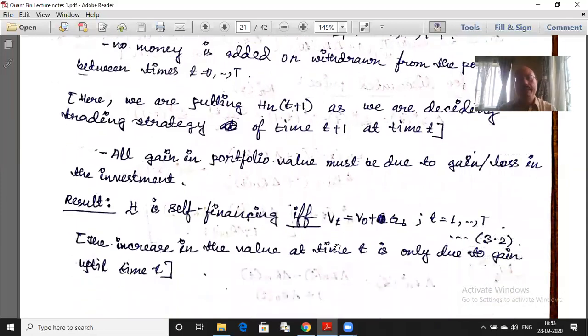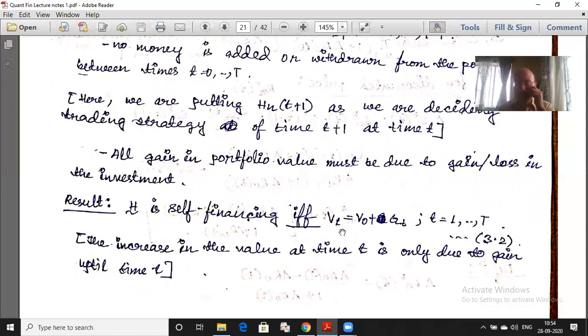That gives me a consistency in the result between value and gains. This result is very trivial, but if you think of the overnight trick, you will understand why this result is needed. The result is: H is self-financing if and only if Vt is given by V0 plus Gt. Remember, Gt is the cumulative gain, and this cumulative gain comes from only the change in the stock price and the portfolio strategy changes.